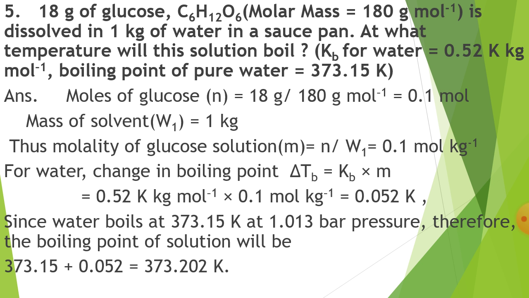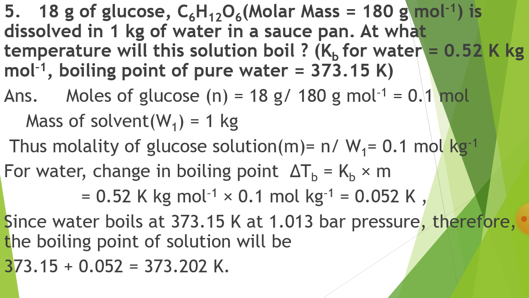Now moles of glucose is mass of glucose divided by molar mass of glucose. Mass is given as 18 gram and molar mass is 180 gram per mole. That's why we find the number of moles as 0.1 mole. Now mass of solvent W1 is given as 1 kg, that is equal to 1000 gram. Thus molality of glucose solution equals number of moles divided by weight of solvent in kg, that is 0.1 mole per kg.